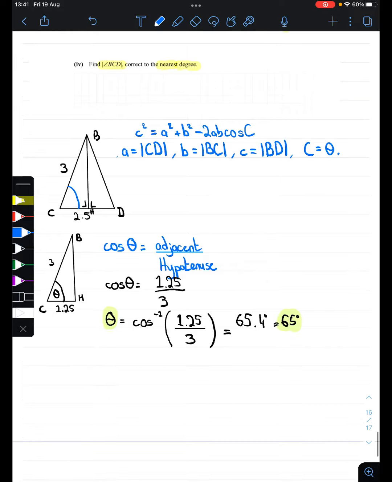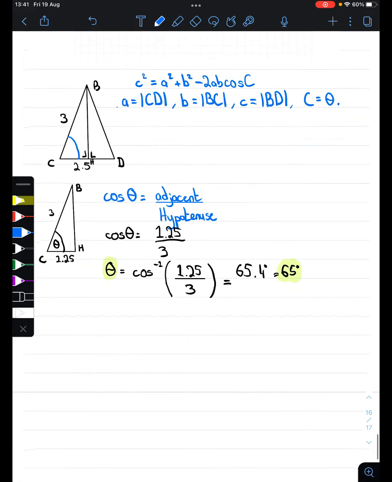So we know what CD is. So a equals CD, which is 2.5. We know that BC is 3.